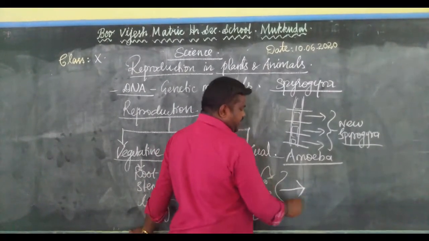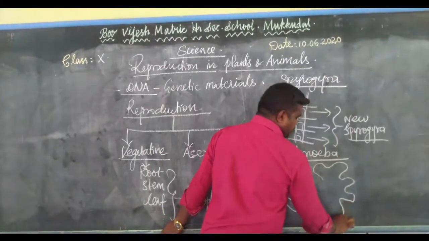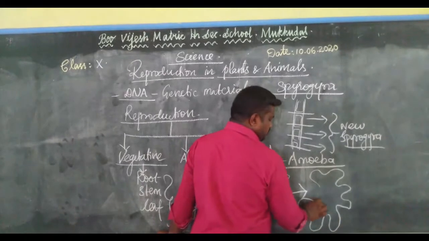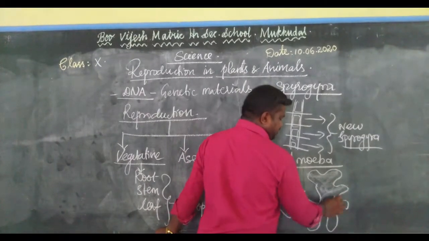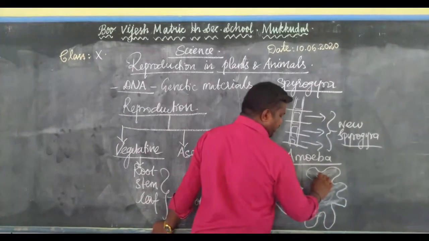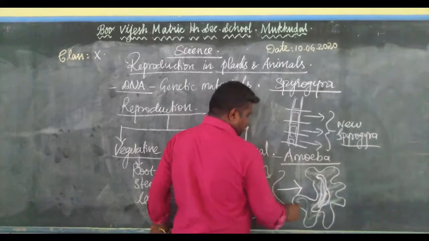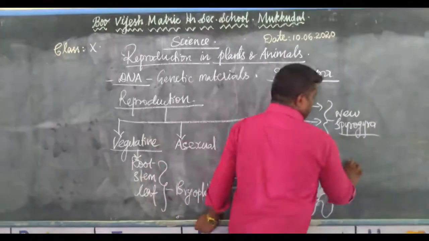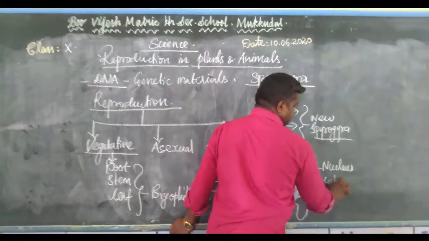It will be divided by fission. First the cytoplasm divides, and at the same time the nucleus also divides. This is the nucleus and the cytoplasm.